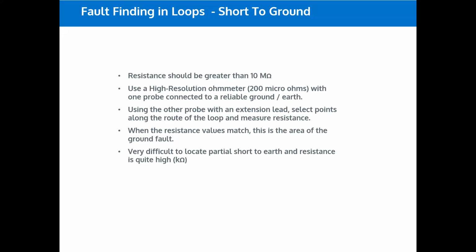It's a much lower resistance between the loop and the earth, and that's a reasonably easy thing to find, assuming that you can get access to the loop. But again, we're going to be using the high resolution ohmmeter and probing around the loop route to try and find out where this is.